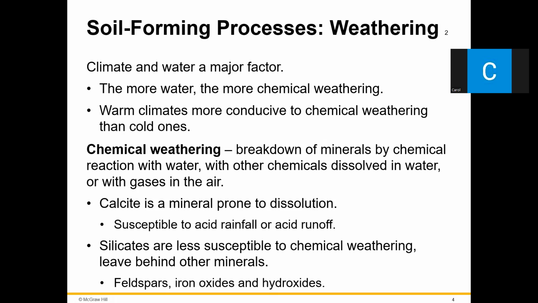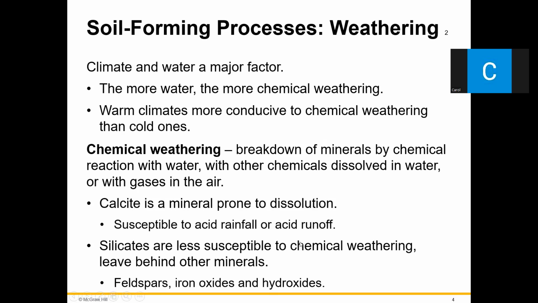So the lower the pH, the more acidic the water is, the faster that limestone is going to dissolve, which is where the CO2 actually promotes acid rain, which then helps dissolve the limestone bedrock a lot faster. Calcite, also like limestone, pretty much made out of the same stuff, is prone to dissolution. Calcite is a mineral in limestone. It's susceptible to acid.